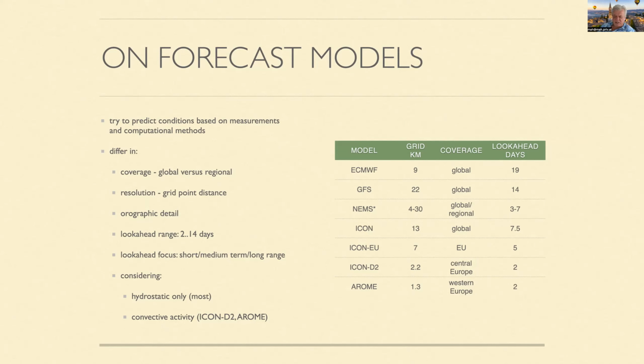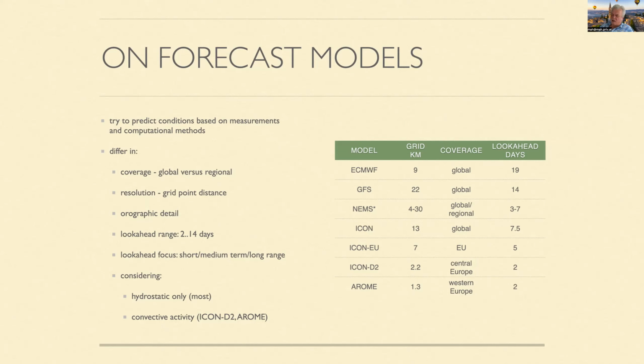Another aspect which I didn't touch upon, what's the theory behind it, and can the weather model actually consider orographic detail? Well, depending on the resolution, you can imagine if you have a valley which is 5 kilometers wide, GFS has absolutely no clue about the weather in the valley.